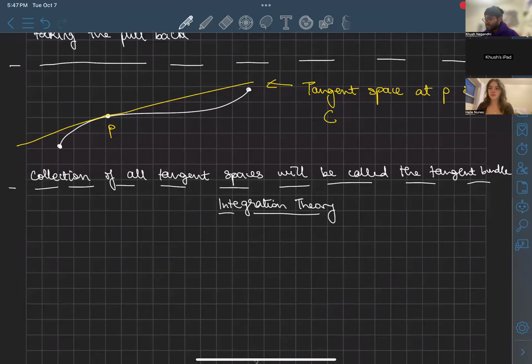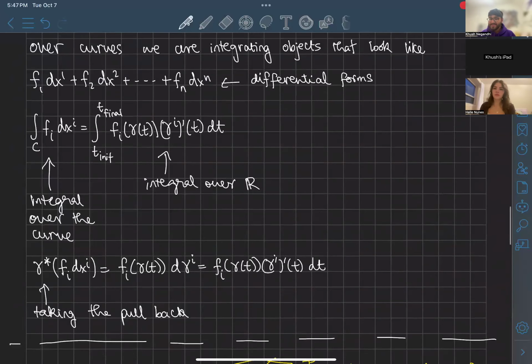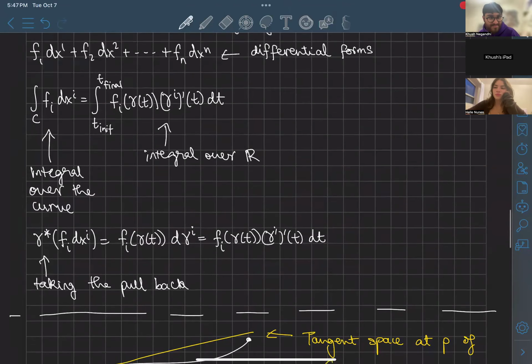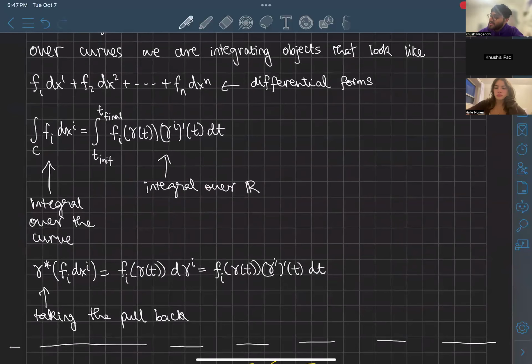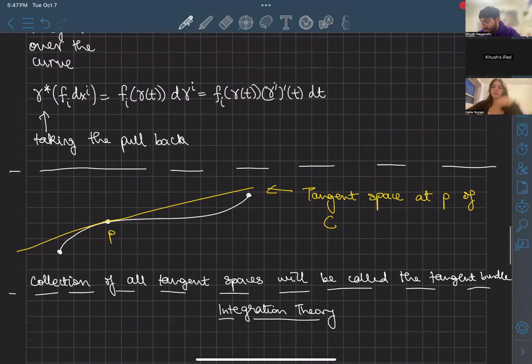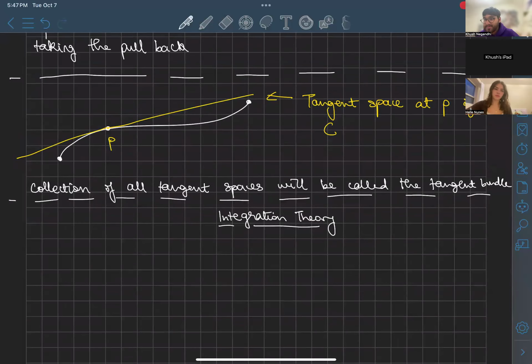Okay, so we talked about integration along curves, and we saw that the way we integrated along a curve was we first parameterized the curve, and then we used the appropriate formulas. But this poses an issue because if we want to integrate over a surface, for example, we'd have to parameterize the surface, and then we'd have to integrate over a region in R2.